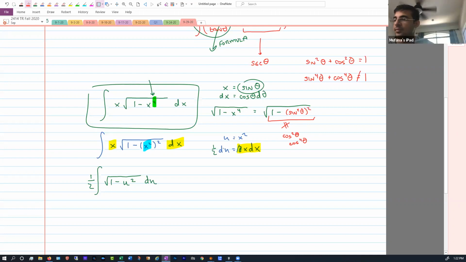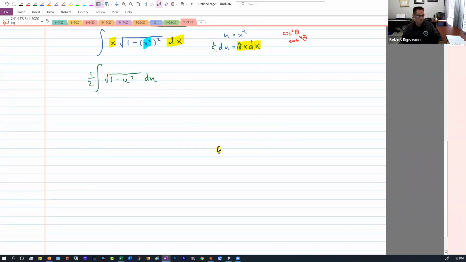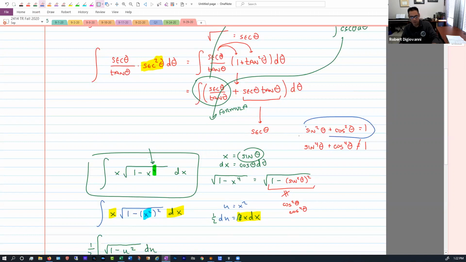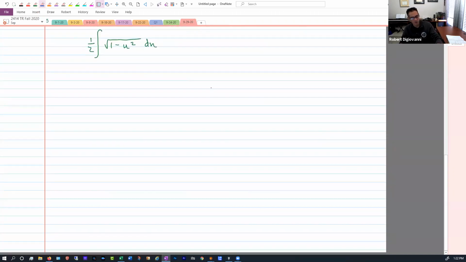And I'll just remind everyone, if you're wondering why the Pythagorean identity only holds here, and why we can't change it to 4th power, here's the logic behind it.